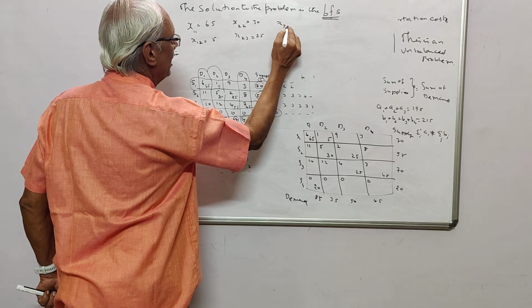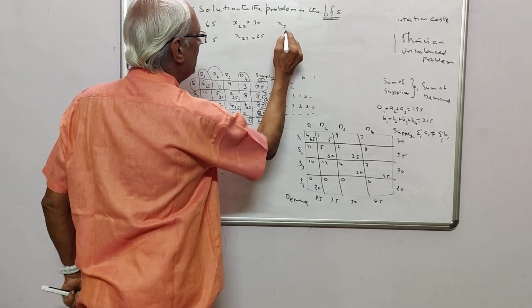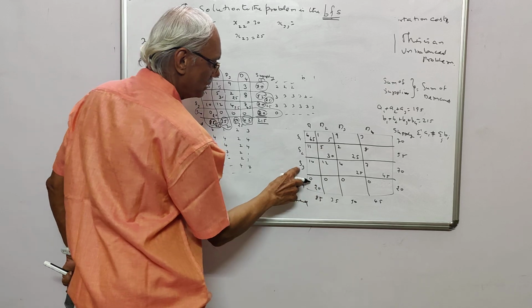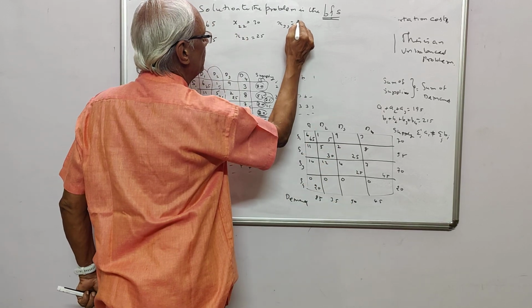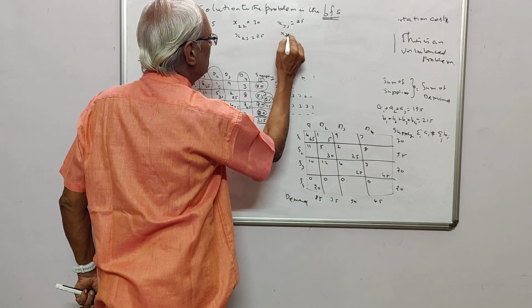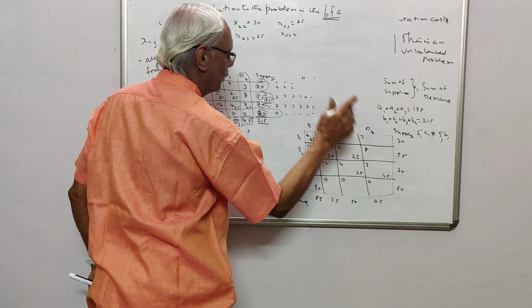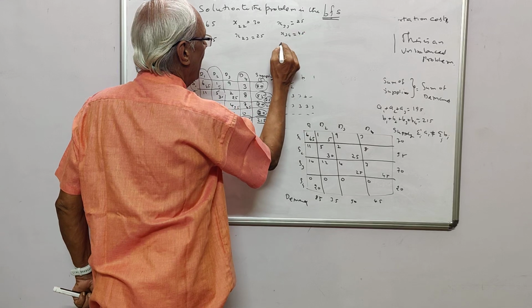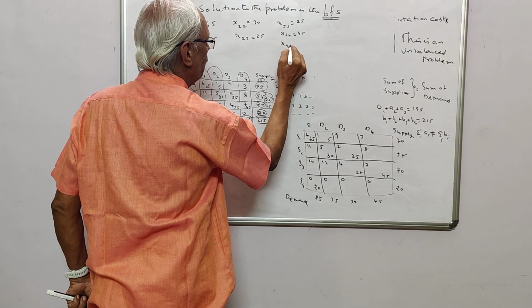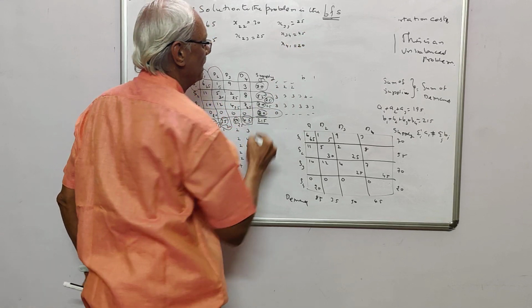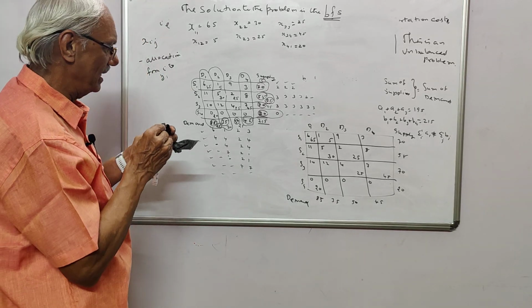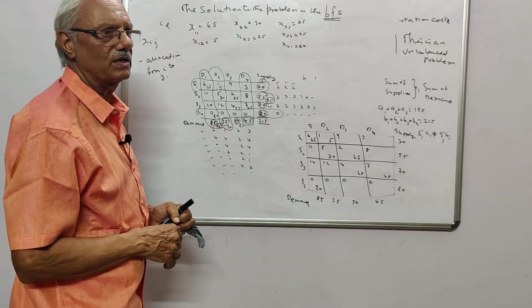Then X33, source 3 to destination 3, 25 units. Then X34, it is source 3 to destination 4, it is 45. And X41 is equal to 20. So this is my solution.